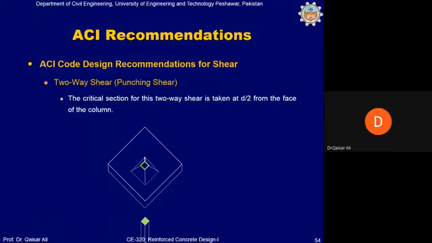Actually, what happens is that when the column transmits loads to the footing pad, and the footing pad in turn transmits this load to the soil, the soil in turn will exert a pressure on the footing pad, and this will be lifted up.